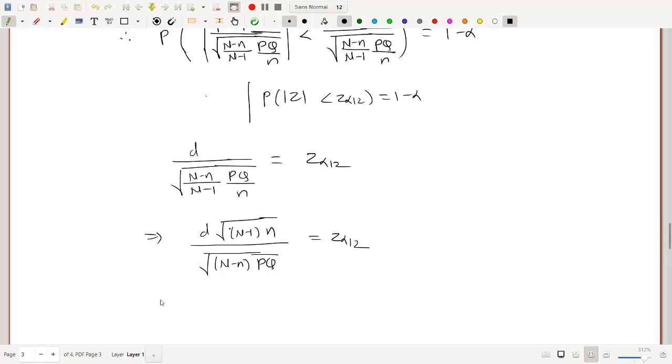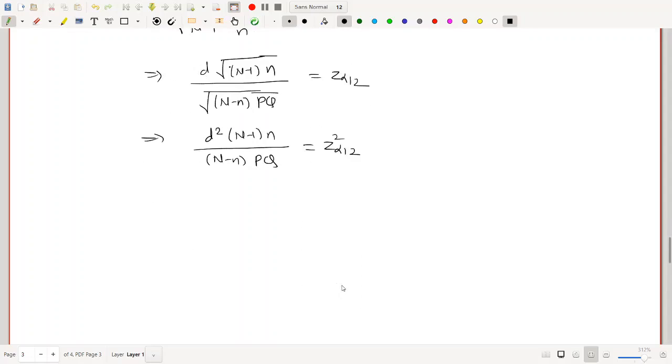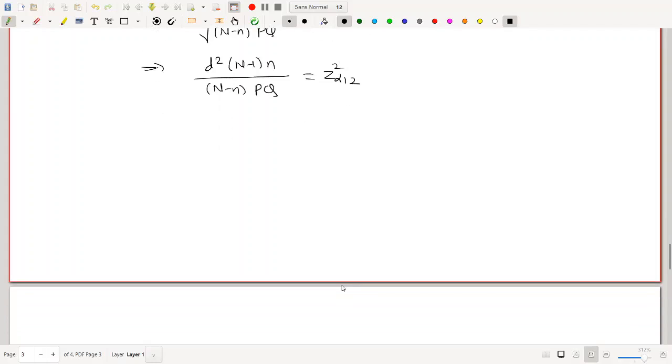Now after squaring on both sides, take d square, here it will be d square (N − 1) n divided by (N − n) PQ is equal to z alpha by 2 square. We have to solve this equation for small n.